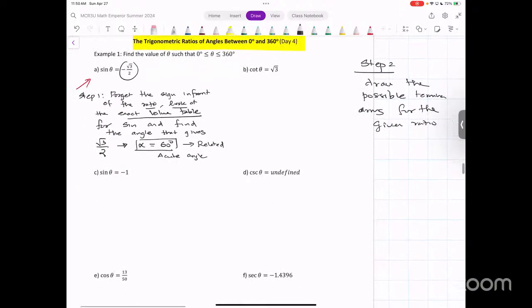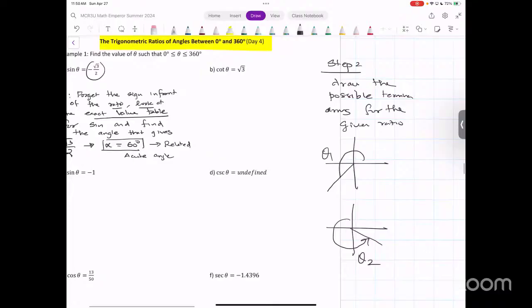In which quadrants is the sine negative? Quadrant 3, yes. I'm going to call that theta 1. Then the other one is in quadrant 4. You see that picture? Any question on that step?